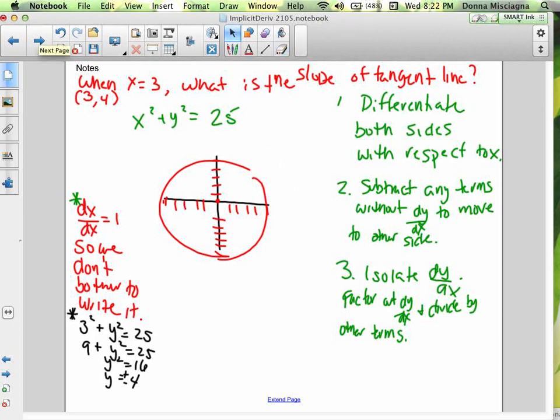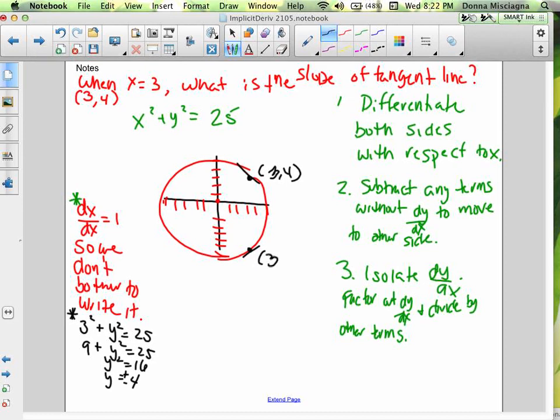There we go. And so if we look where 3 is, notice we've got two different points there. We've got this point here, 3, 4, and we've got this point here, 3, negative 4. So I just decided to choose one of those, 3, 4, just for our very first problem.